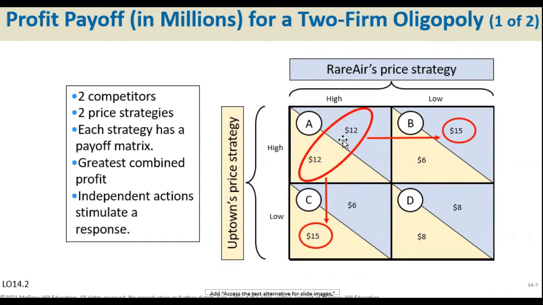But if one deviates from here, for instance, if Rare Air adopts a low price strategy while Uptown keeps a high price strategy, you will see that Rare Air's revenue increases from 12 to 15, while Uptown's revenue decreases. So there's the market share. The firm who lowers the price gains more market share versus the one that keeps the price higher. Right.